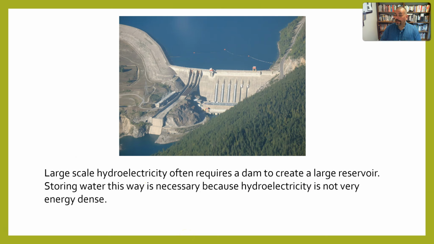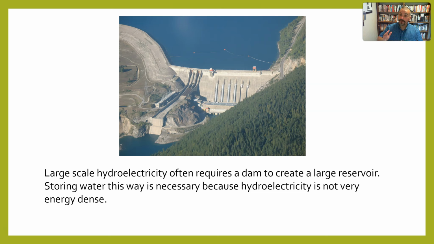So let's consider a couple of different energy sources to see what density looks like for different examples. Hydroelectricity is an example of a source of energy that's not particularly energy dense. While a lot of us might think of the space that's taken up by the dam, far more important is basically the reservoir or water that's held back by the dam.